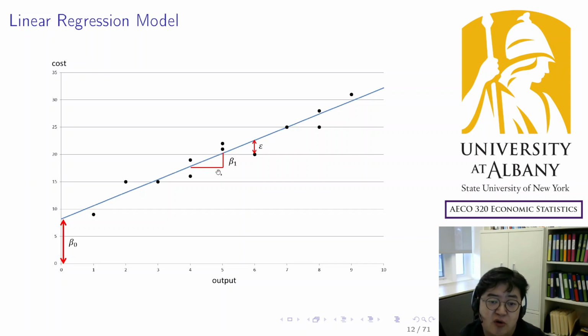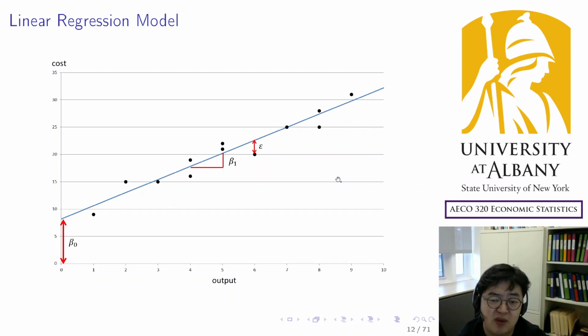That is beta 1. And then relative to the trend line, the deviation is the error term epsilon. So the first observation has negative epsilon, and the second observation has positive epsilon. Somewhere epsilon is pretty close to 0, but here epsilon is pretty far from the trend line. So epsilon is random.